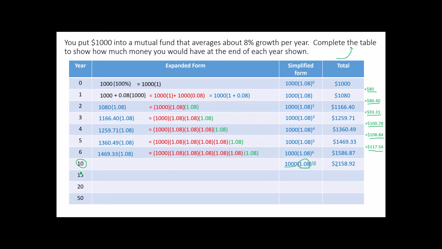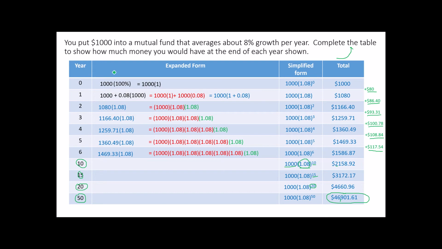If I were to go 15 years, if I did 1,000 times 1.08 15 times, I end up with $3,172. If I do it 20 times, notice it's to the 20th power, I've got $4,660.96. And if I jump out 50 years, I end up with $46,901.61 actually.